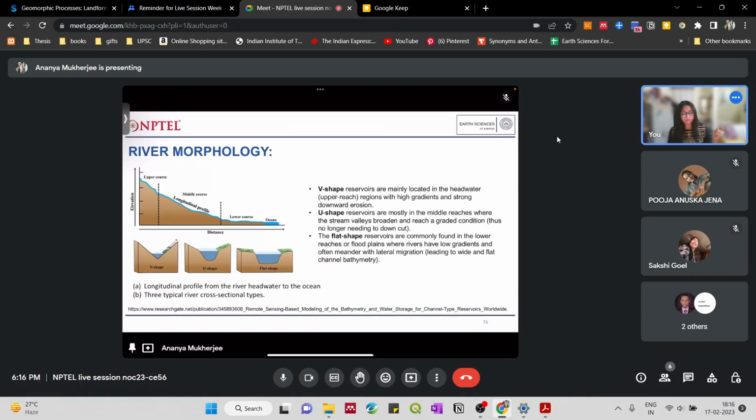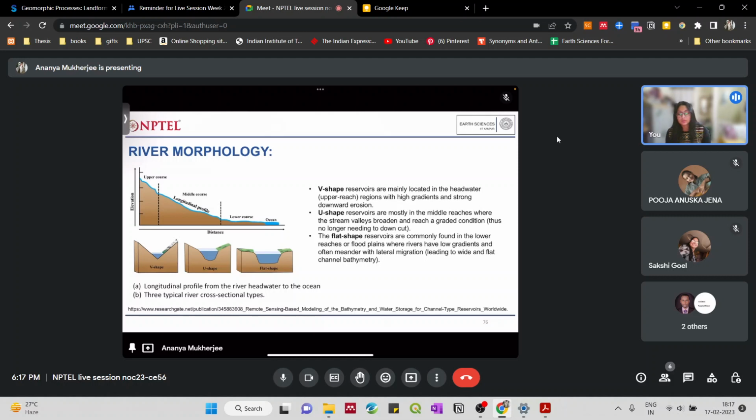In the first diagram, in the upper part, you can see it is called a longitudinal profile. Longitudinal profile means how it would appear from the start to the end point of a river. The starting point is where it's originating, and the end point is where it is meeting a bigger water body, mostly an ocean, a sea or a bay.